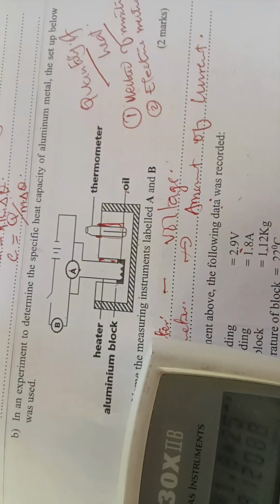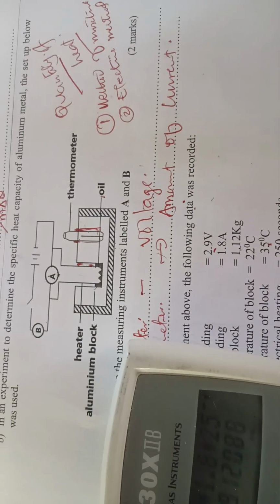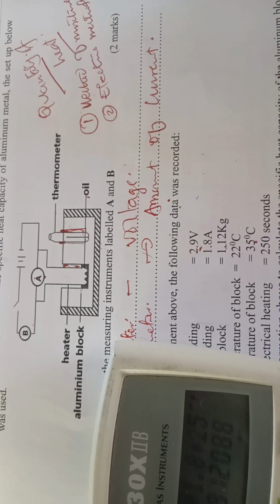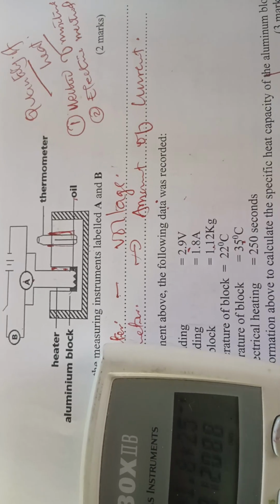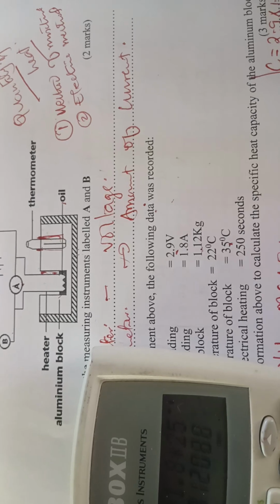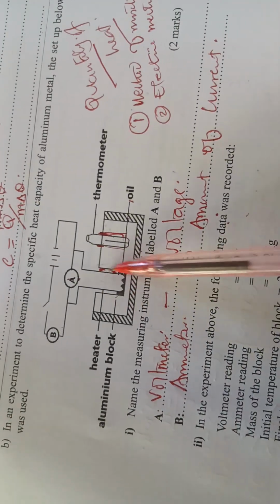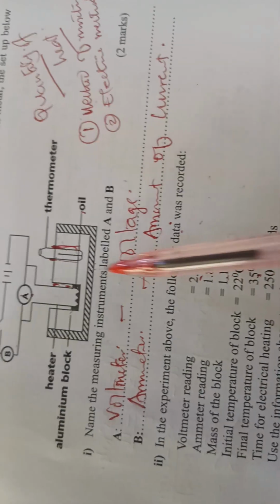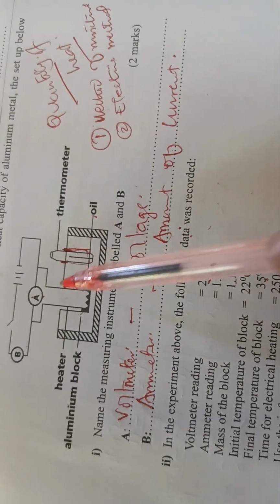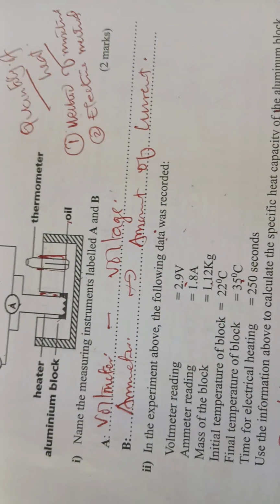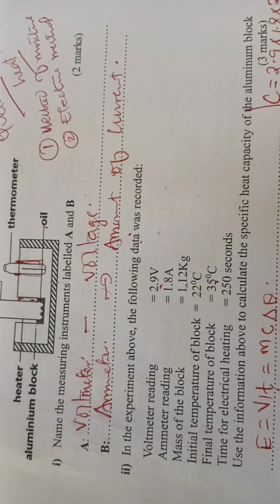At that particular point, the answer that we are having, C becomes 89.629 joules per kilogram per Kelvin. Then what is the purpose of the oil? We say that the oil around the thermometer and the heater is just to improve thermal contact. And again, there is what we call uniform heat distribution.